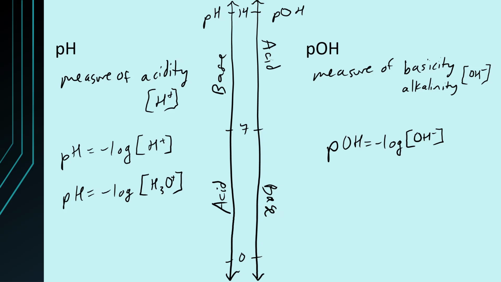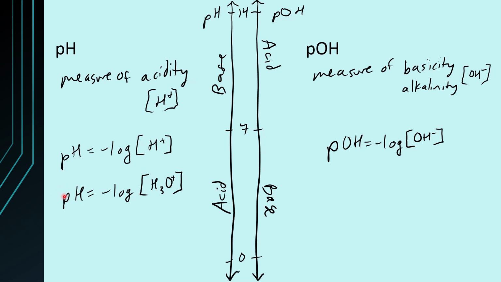So now we get into these concepts of pH and pOH. pH measures acidity, which measures the amount of hydrogen ion concentration. So like how acidic is it? But pH uses the equation negative log of H plus. Don't forget that H plus ions or hydrogen ions are the same thing as hydronium ions in water. So these two equations are the same.